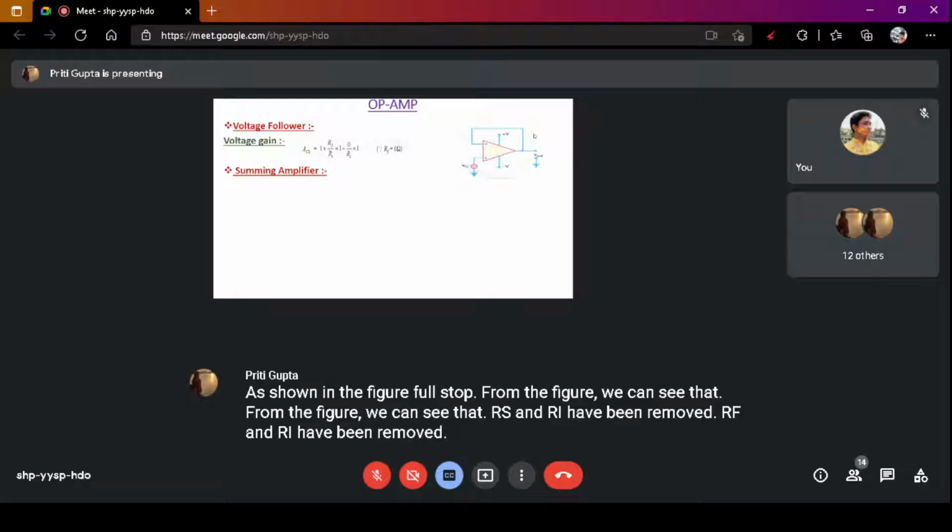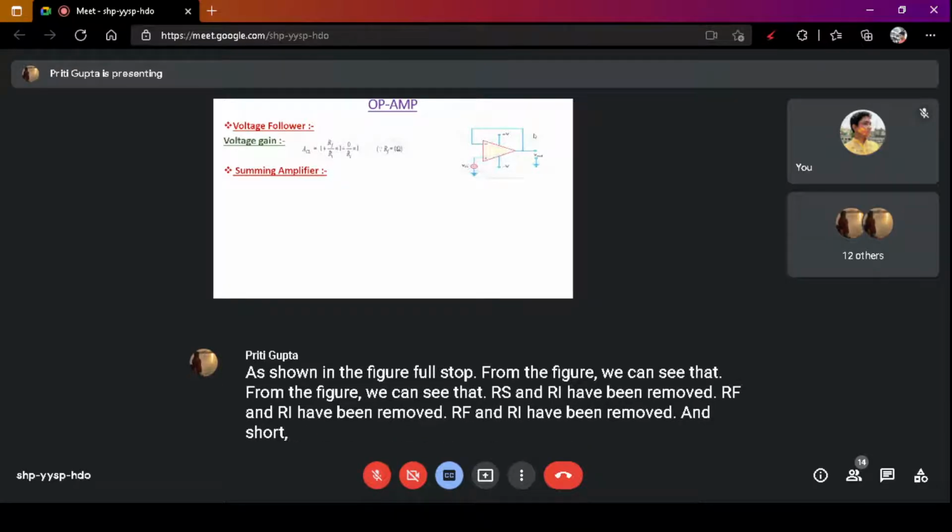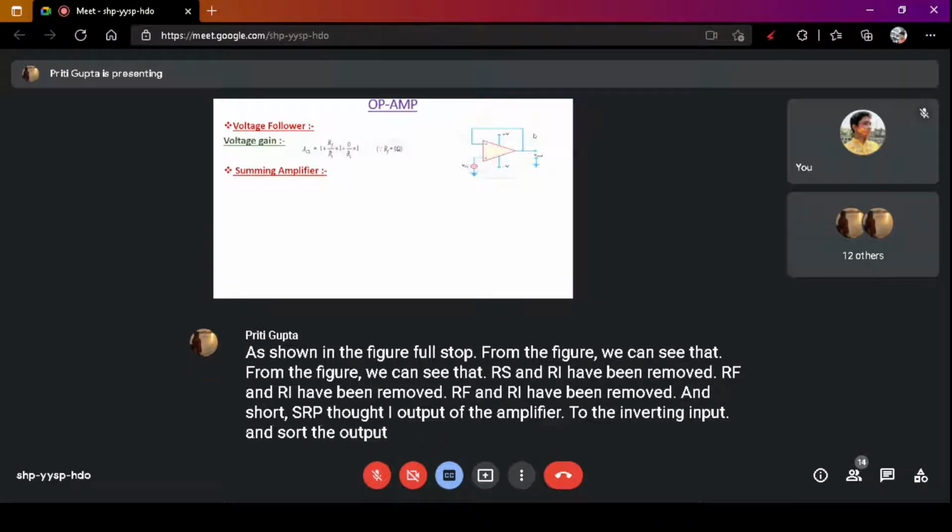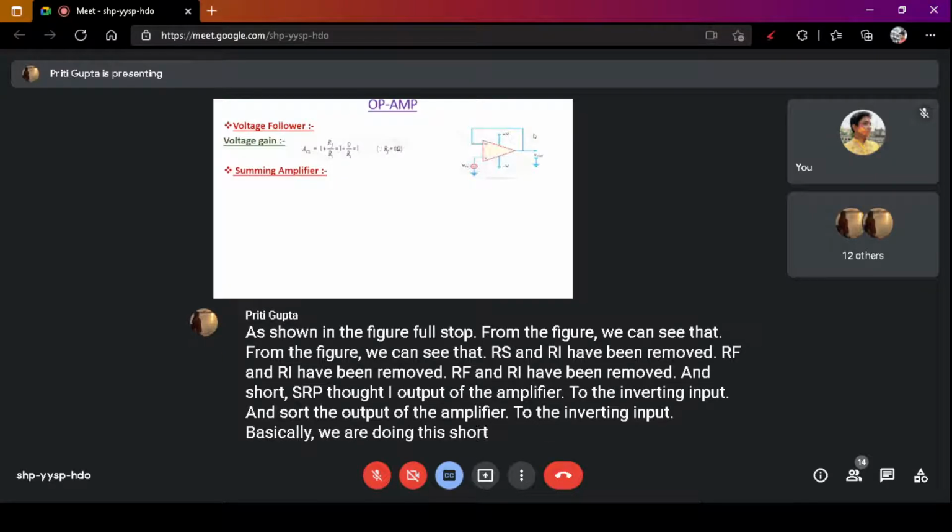RF and RI have been removed and short-circuited, and short the output of the amplifier to the inverting input. Basically, we are short-circuiting the circuit.